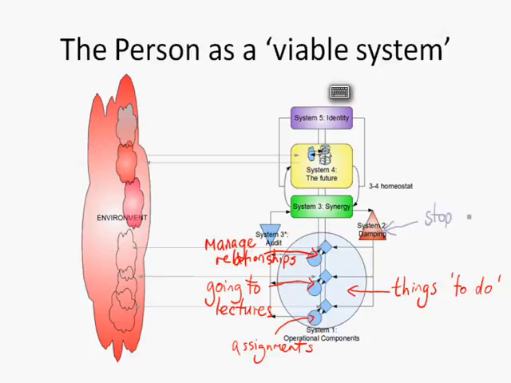Let's look at the little red triangle now. This is called System 2 in the viable system model, and its job is to stop things getting in each other's way. It's to put the brakes on when one thing that we need to do conflicts with another thing that we need to do.